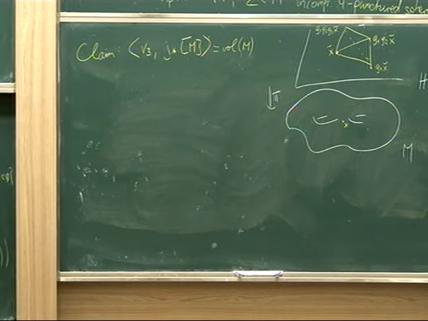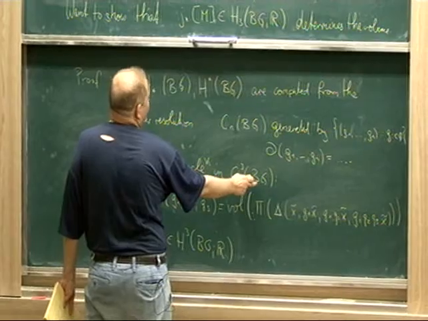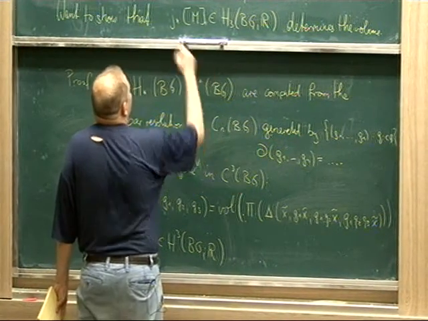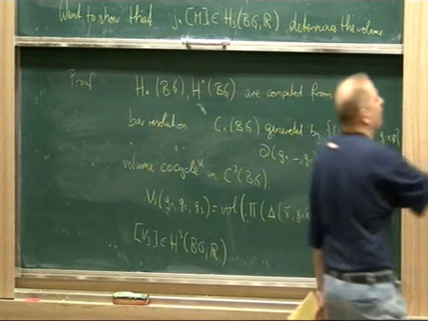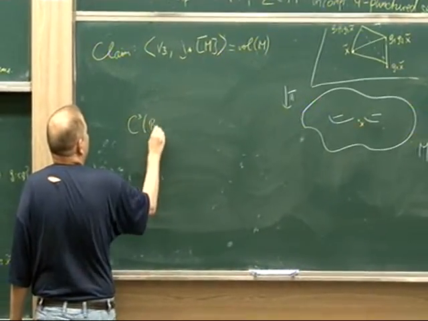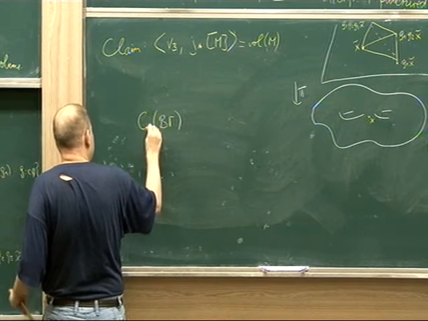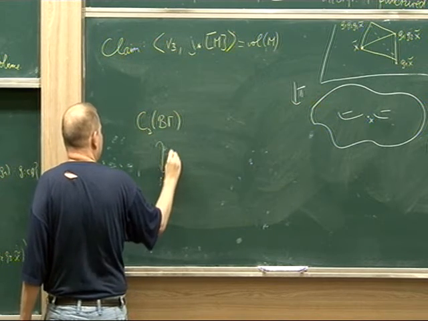A priori this was defined on BG, but of course we can restrict it to BΓ. So let us consider the inclusion.